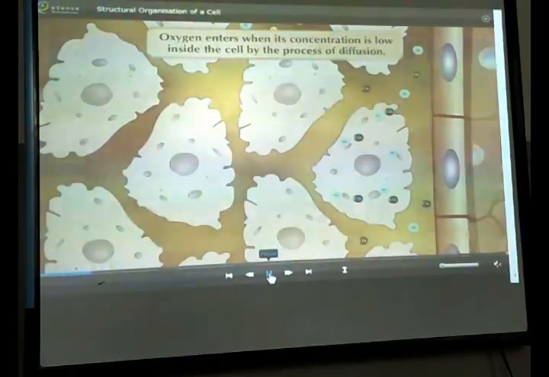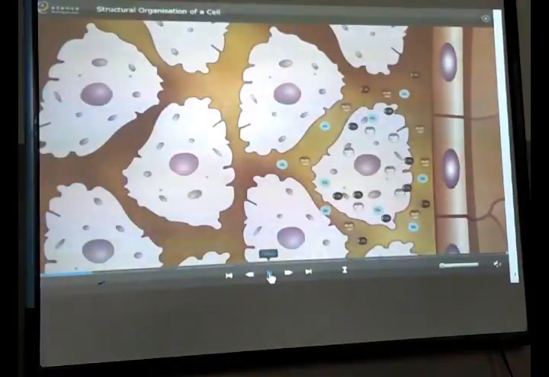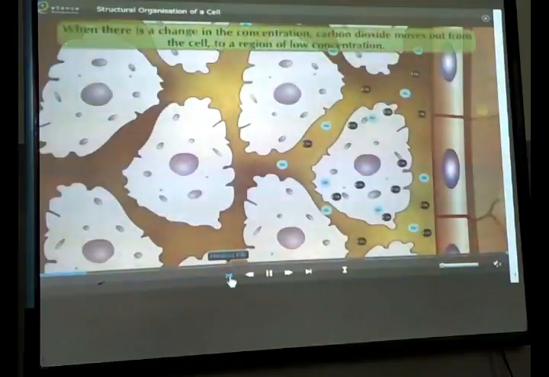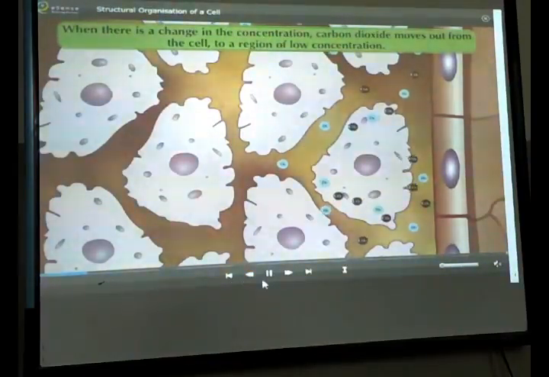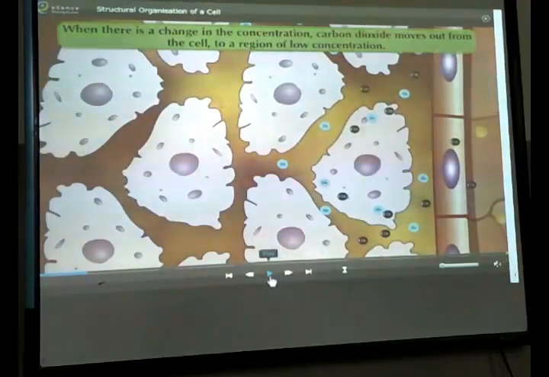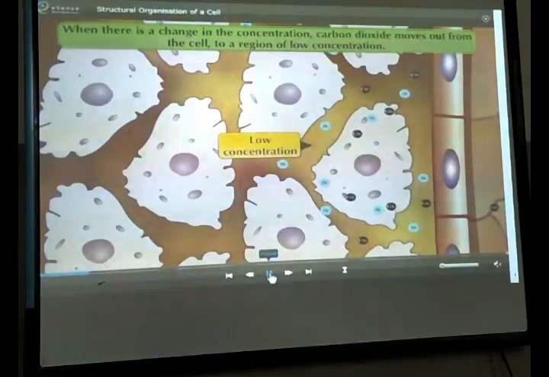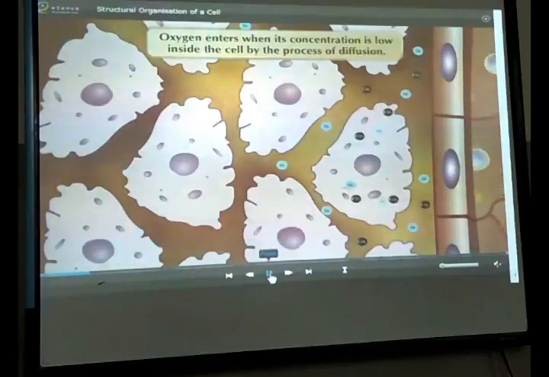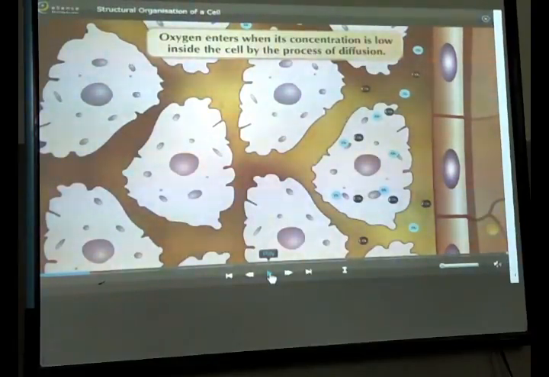Oxygen enters when its concentration is low inside the cell. See what happened there. Here in the cell, when the concentration of carbon dioxide inside becomes high, at that time the external environmental concentration becomes low, and at that time CO2 comes out.